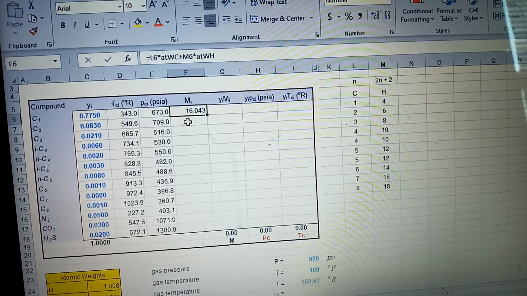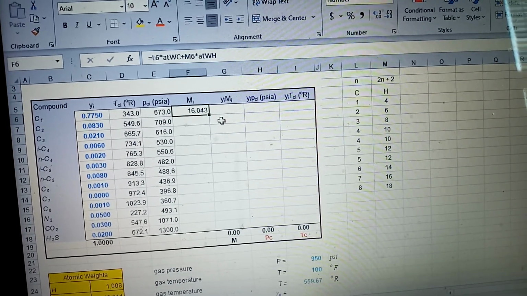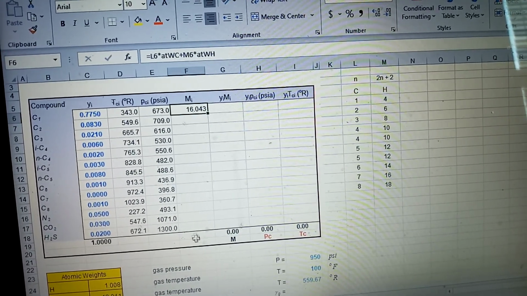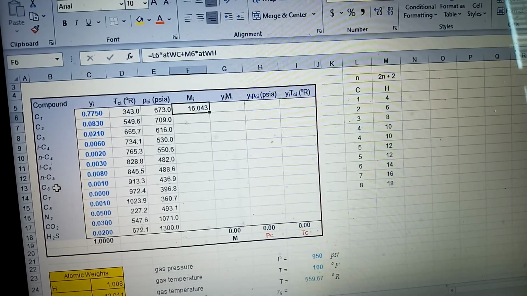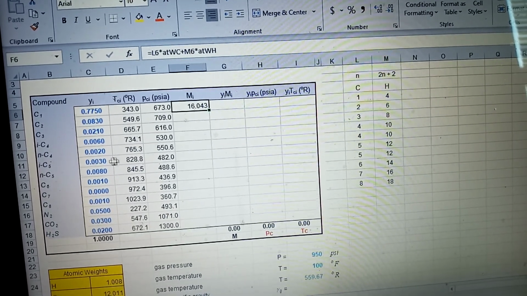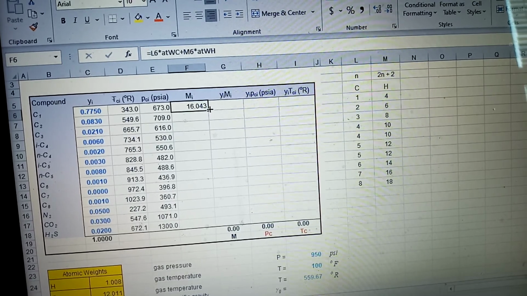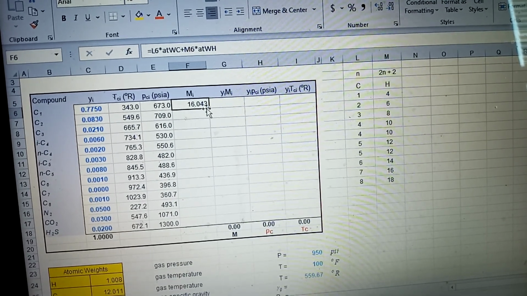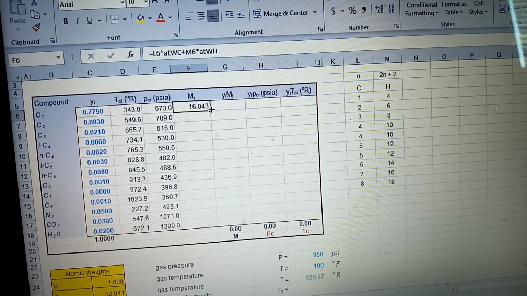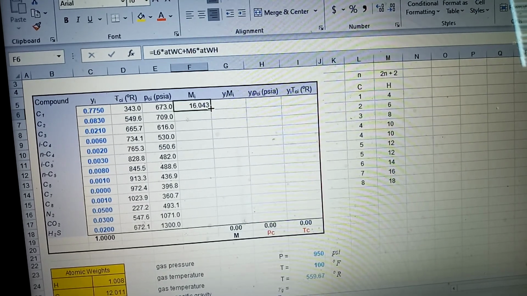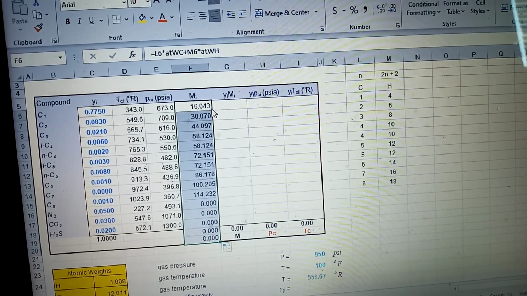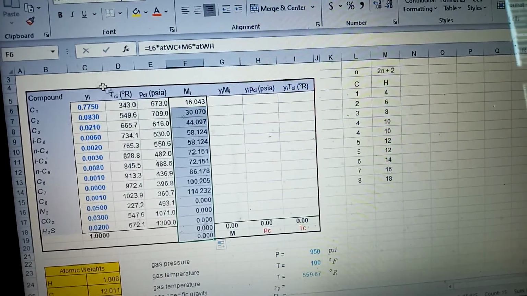So now let's copy. Now this one you have to be careful because you are not copying the formula to the end. You only want to copy for only the hydrocarbon. So I go to grab that. My mouse is double clicking, so I have to be careful. I hope you see it's double clicking. I'm going to do undo.